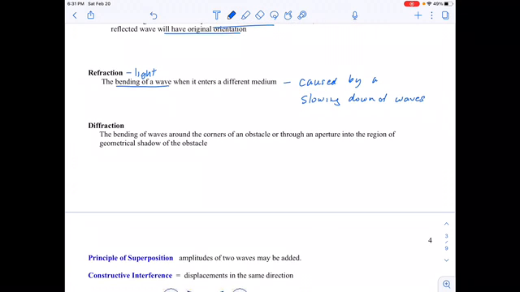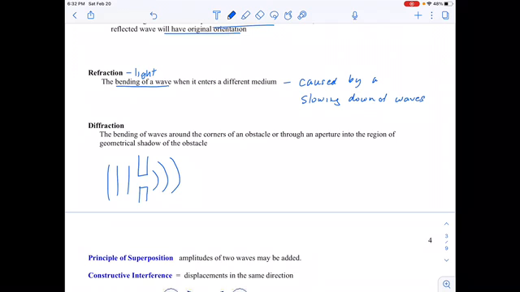Next, diffraction. Diffraction is the bending of waves around the corners of an obstacle or through an aperture into the region of the geometrical shadow of the obstacle. What the heck does that mean? Okay, if you make a barrier and you send straight wave pulses at the barrier, you'll get a curved wave front.